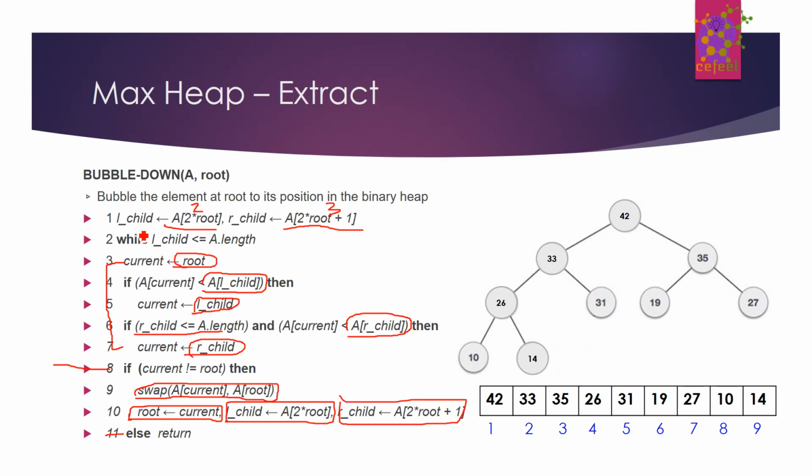And then the while loop executes again, which means we go to the subtree and do the bubble down process again. So we do the swapping again till the element actually reaches its position. Alright, cool. So this was extract root.